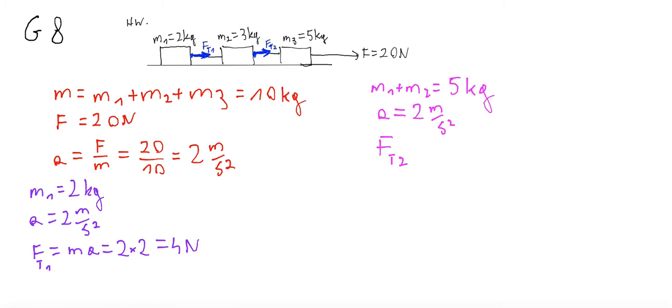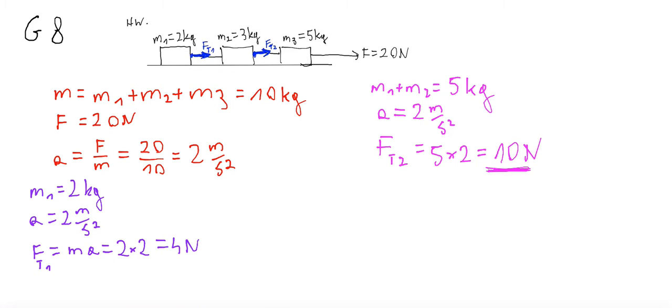Force, Ft2, is mass times acceleration, so this is 5 times 2, which is equal to 10 newtons. Okay? So force acting on these two masses, so force tension of the string attached to mass m2, is equal to 10 newtons. Okay? You can check it.